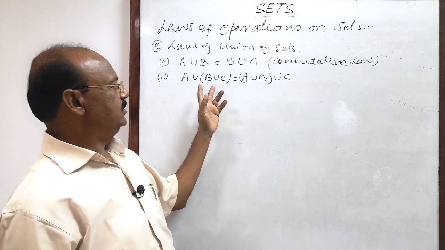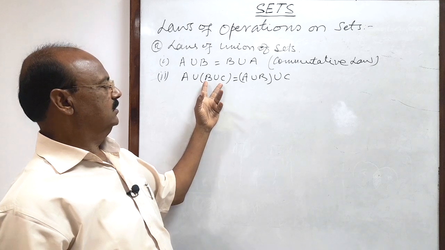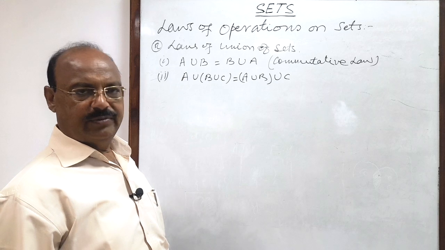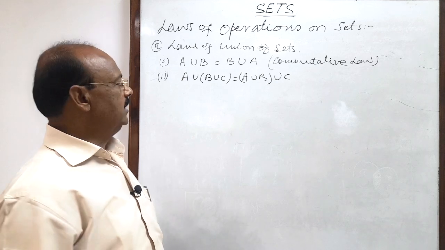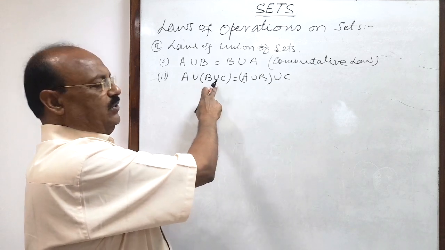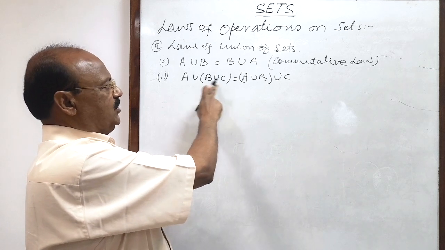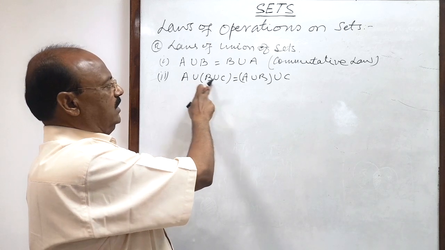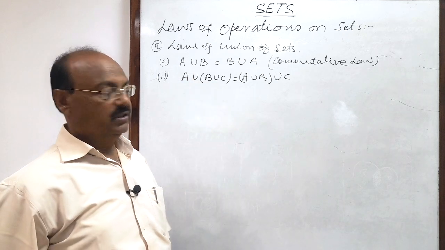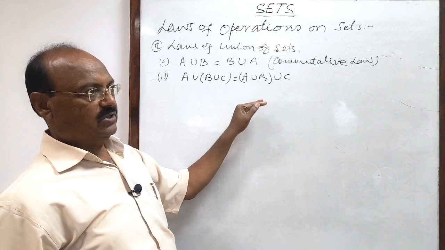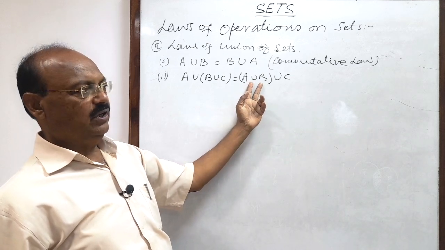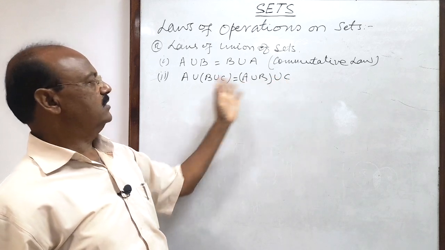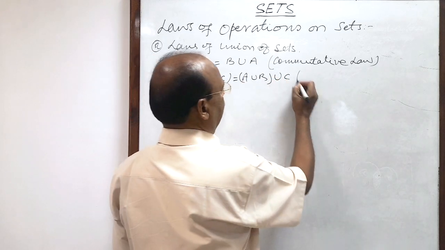In the left hand side there is a bracket around the two sets B and C. It means first we make the operation B union C, and after completing it we make the operation A union this one. Similarly, in the right hand side, first we make A union B, and then we operate union C. This law is known as associative law.